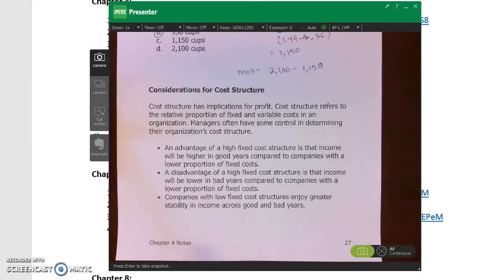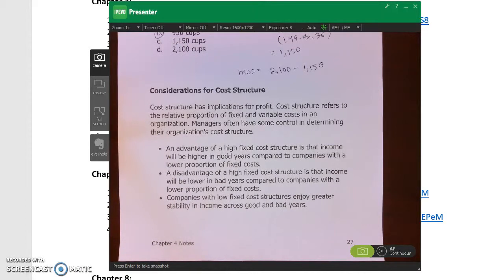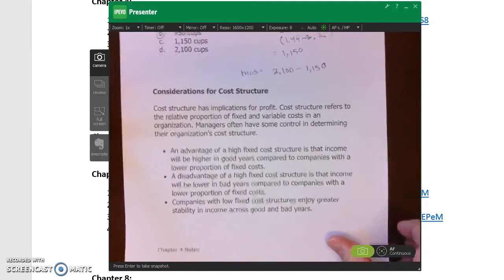Companies with a low fixed cost structure can enjoy greater stability. If you have a higher fixed cost structure, you're a little bit riskier. You're going to have wider swings in income when sales go up or down. That's what that's telling you.